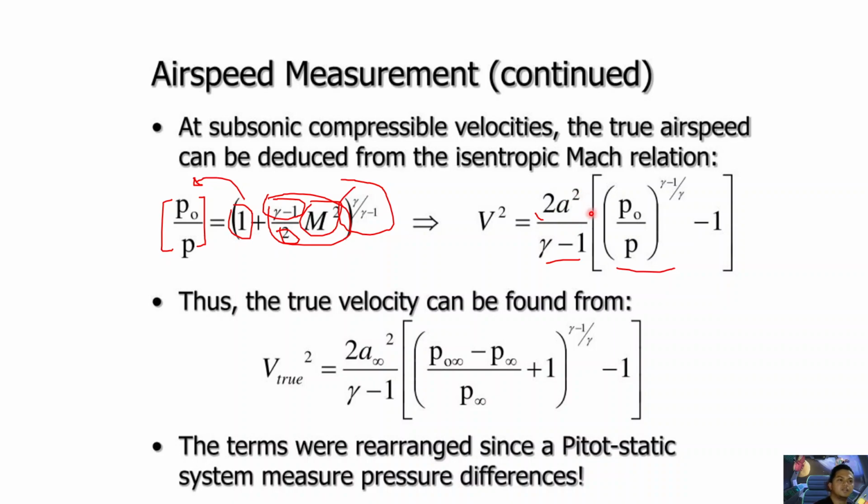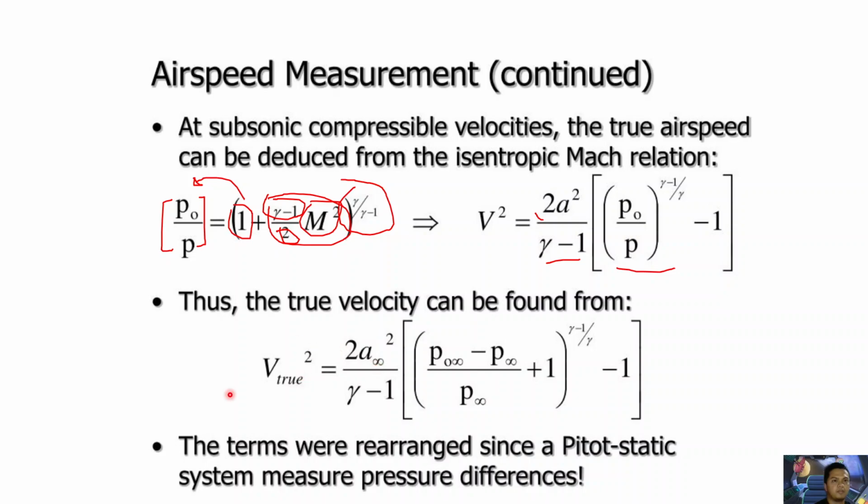However, the Pitot static system or Pitot tube measures the pressure difference. There is always a stagnation pressure and a static pressure, so it does not depend on the pressure ratio. So, with some manipulation of this formula, we can have this type of equation.